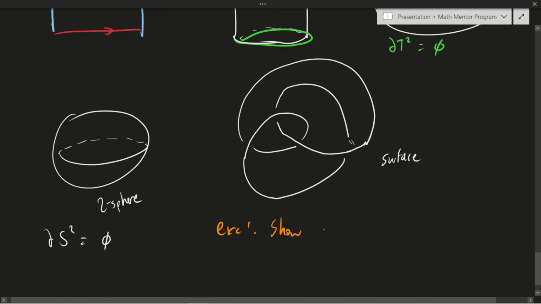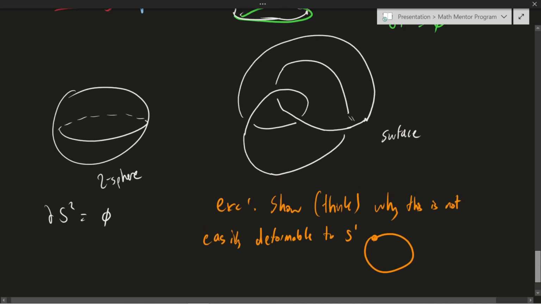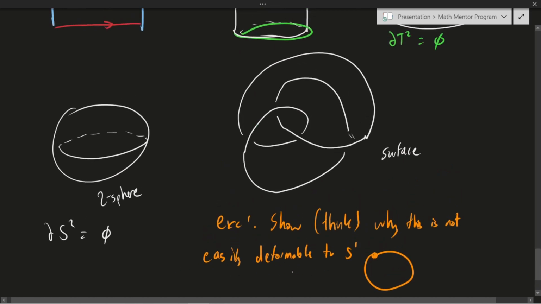show, or think rather, why this is not easily deformable to S1, the unit circle. Now notice here I didn't say homeomorphic.